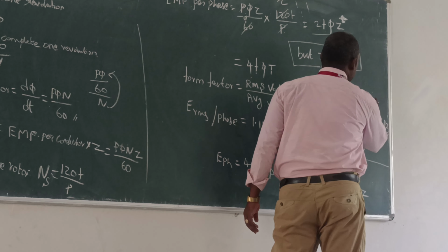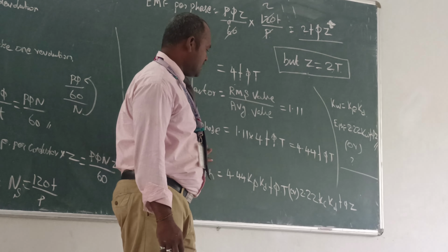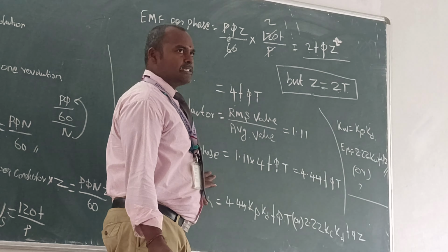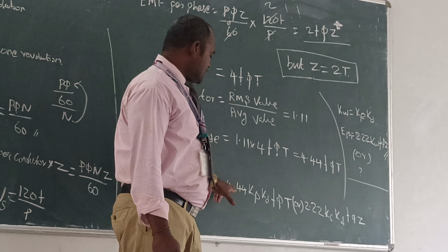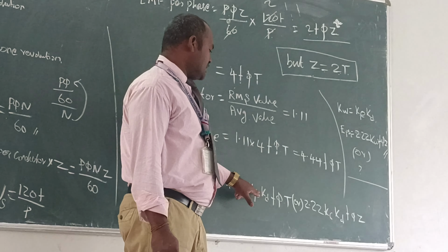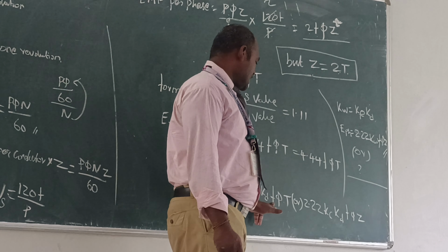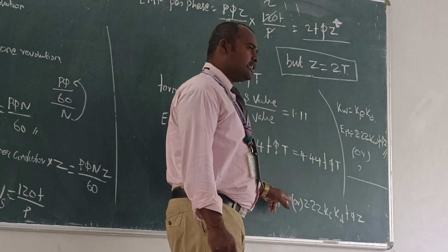Kw is the winding factor. If you consider the winding factor here, it is always less than unity. So 4.44 into, you can add Kp into Kd, that is the pitch factor and this is the distribution factor, into F pi T.